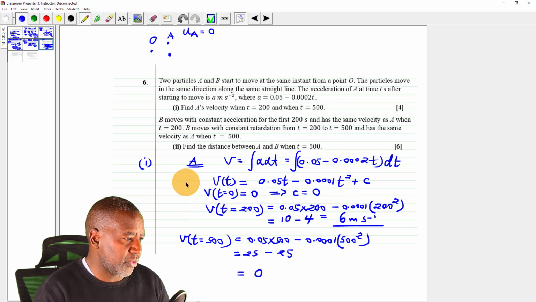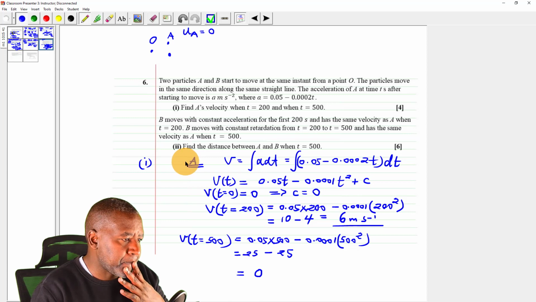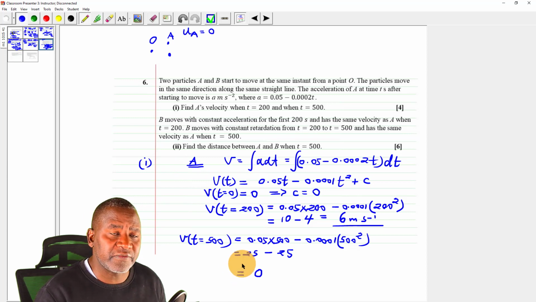So that is how we would work out the velocities of A when t is 200 and when it is 500.